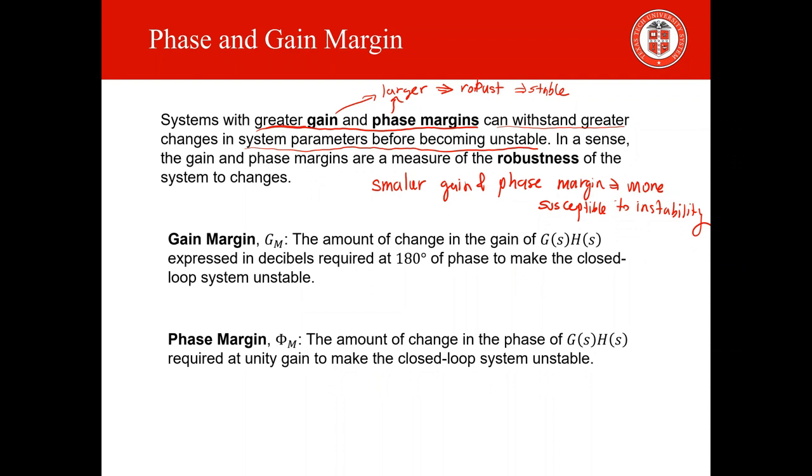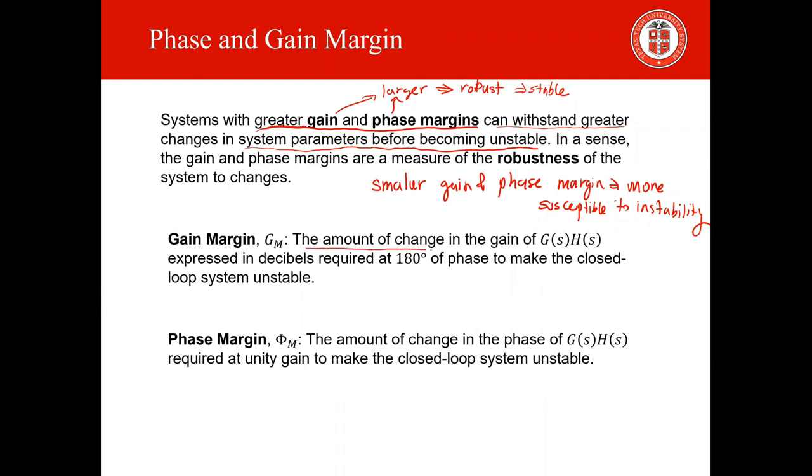So there are different things that can happen, and you just want to be able to account for that. And so designing a system with a larger gain and phase margin is ultimately going to benefit your controller in the end.